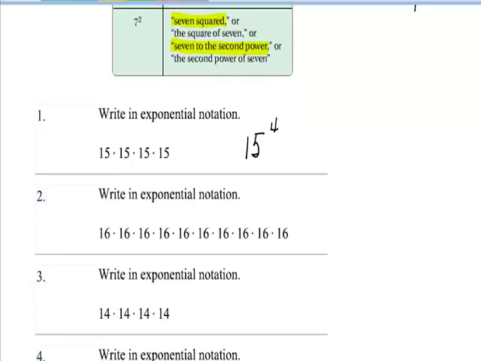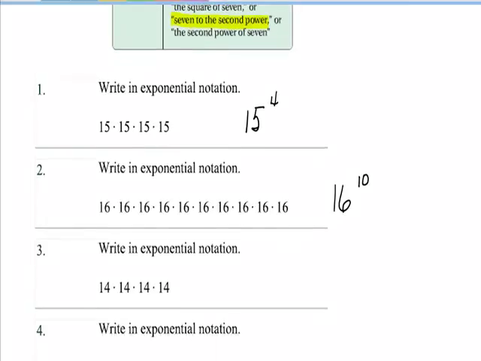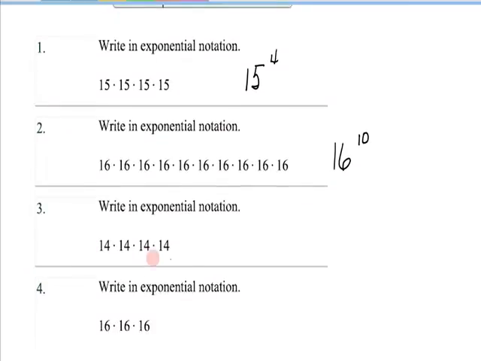The next one, 16 is obviously the base. And there's 1, 2, 3, 4, 5, 6, 7, 8, 9, 10. So it is 16 to the 10th power. Number 3, the base is 14.